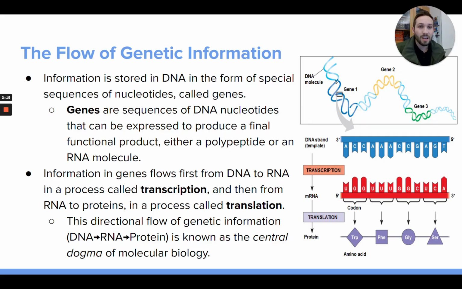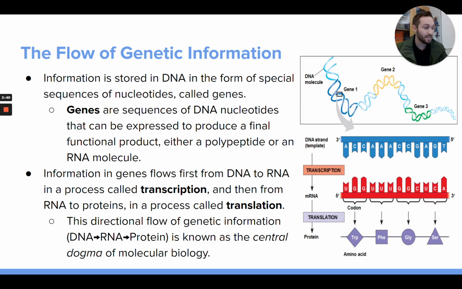In most cases, it's a protein. In other cases, there are some situations where it's an RNA molecule that's being coded for in these genes, and that RNA molecule has a special function as well. But the huge majority of the time, we're looking at a gene that codes for a protein. And then that protein does something important in your cells and in the organism.